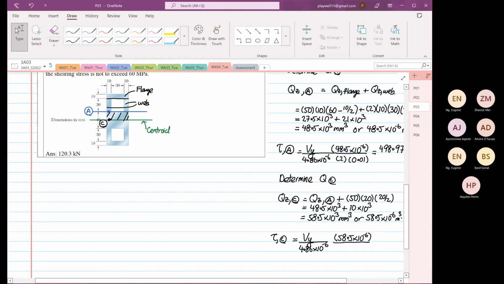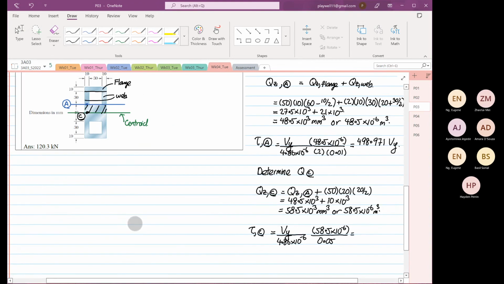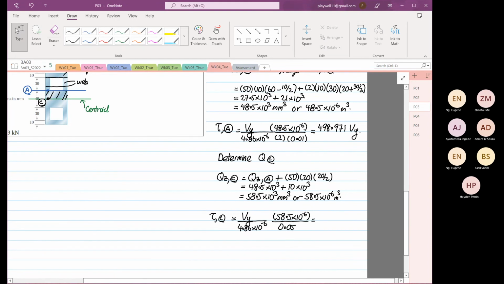The thickness now is 50 millimeters, so 0.05. So this will be equal to 58.5 times 10 to the power minus 6 divided by 4.86 times 10 to the power minus 6 divided by 0.05, which is equal to 240.74.